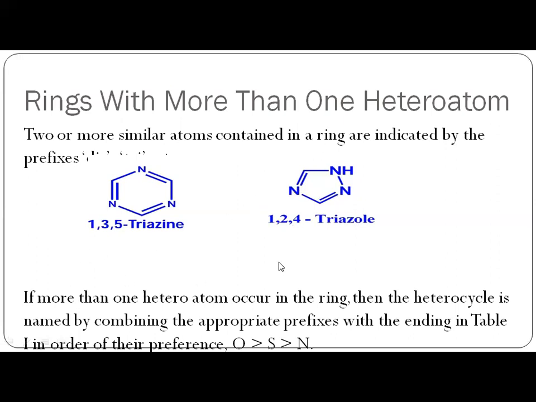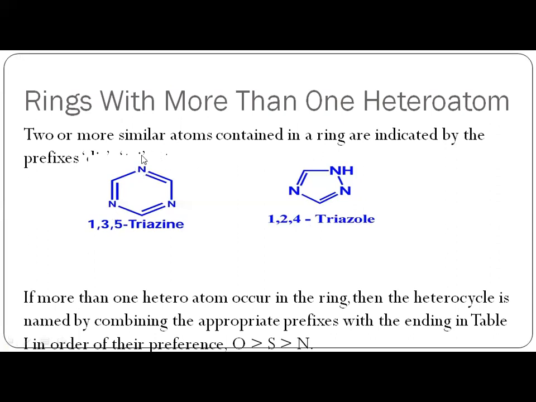After that, next, if more than one heteroatom occurs in the ring, then the heterocycle is named by combining the appropriate prefixes with the ending in the table, in order of their preference, meaning to whom we have to give a number first.